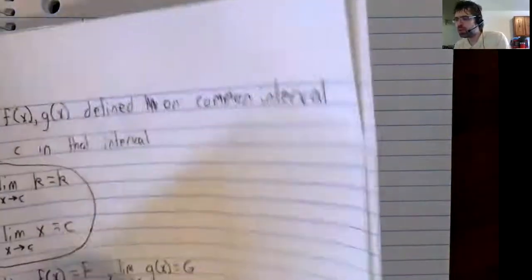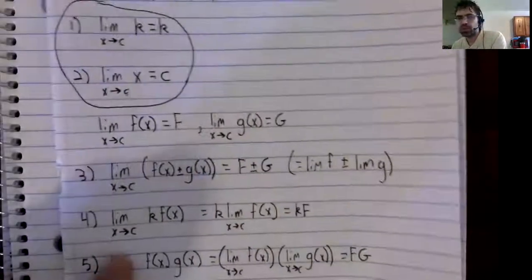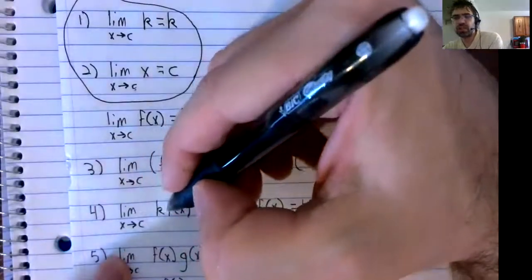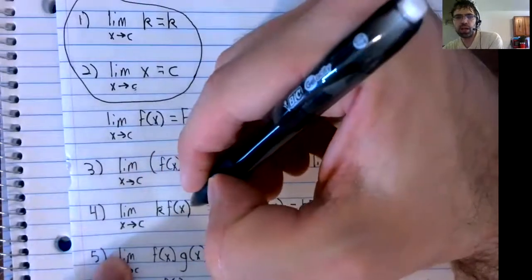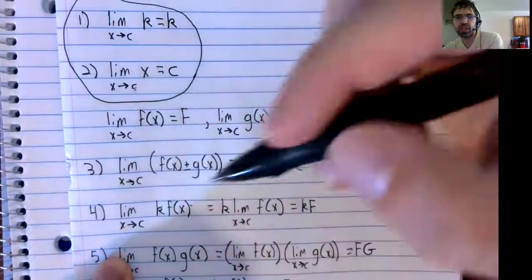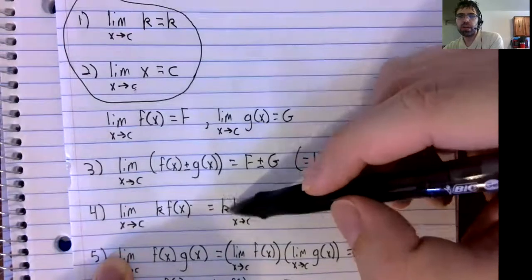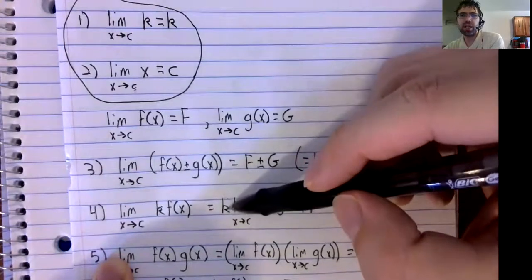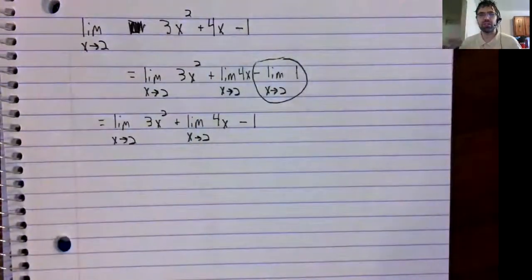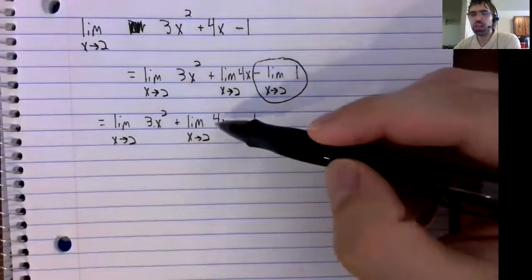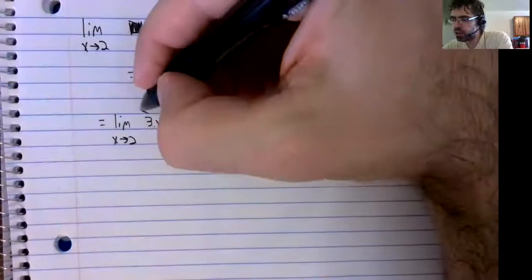Now, Rule 4 says that if we have the limit of a number times a function, we can just take that number and write it outside of the limit. And that's what we have both here and here.